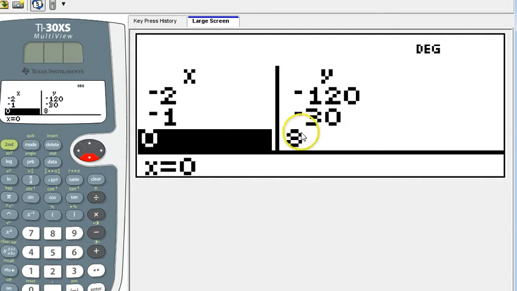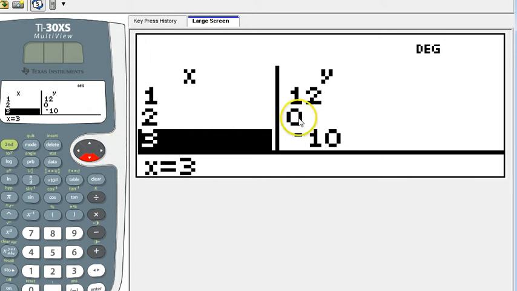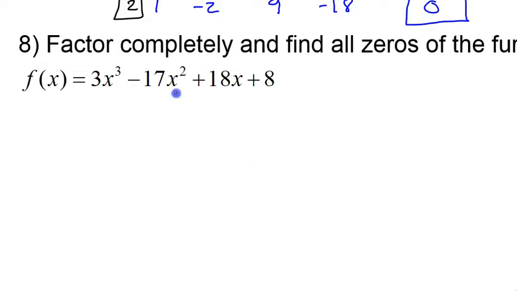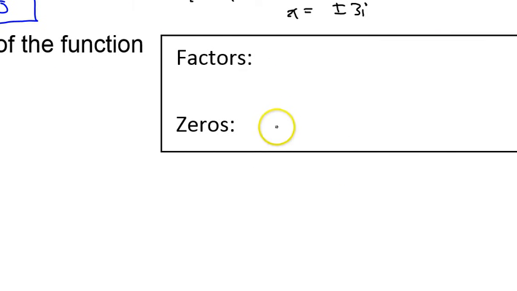There's 1 in there, but it must have been a decimal or fraction. So there's the first one I get, at 2. So we have a 0 at 2, which means we have a factor of x minus 2.